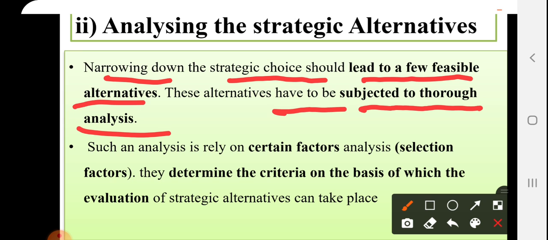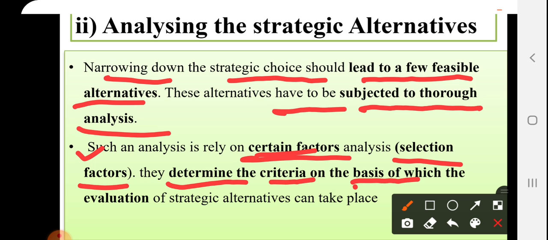Such analysis relies on certain selection factors that determine the criteria on the basis of which the evaluation of strategies and alternatives can take place. Here we consider some objective factors, those factors which are affecting your strategy or your business.